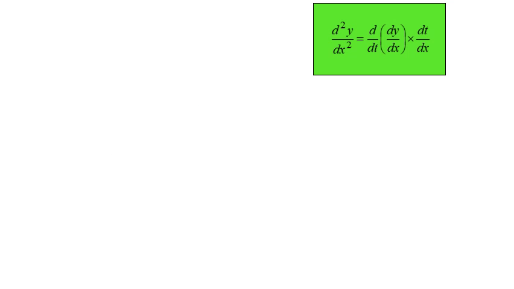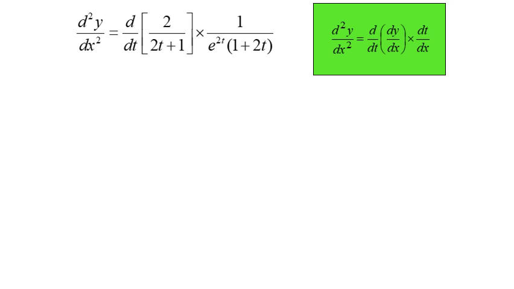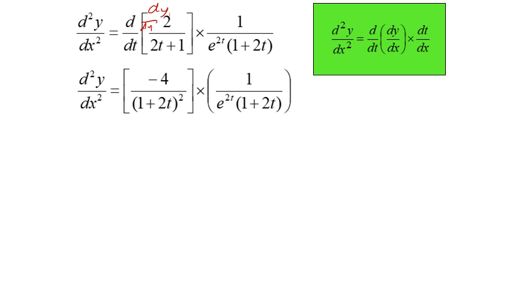Right, next. We want to find the second derivative. Don't forget the formula for the second derivative using the parametric concept as shown in the green box above there. So we differentiate with respect to t the answer from dy/dx here, that is 2 over 2t plus 1.